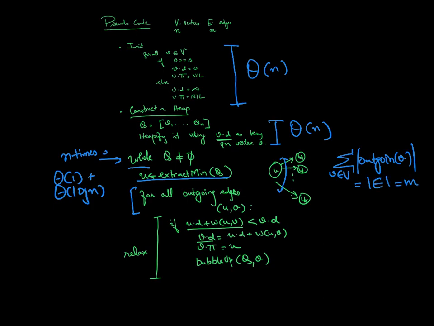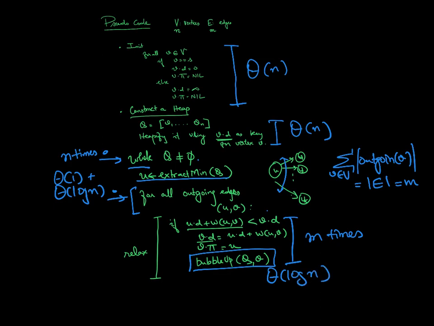So jointly, the total number of times this code gets executed is m times. That's not surprising, as we noticed before, every edge is relaxed exactly once. But there is a hidden complexity here, and this is theta log n.